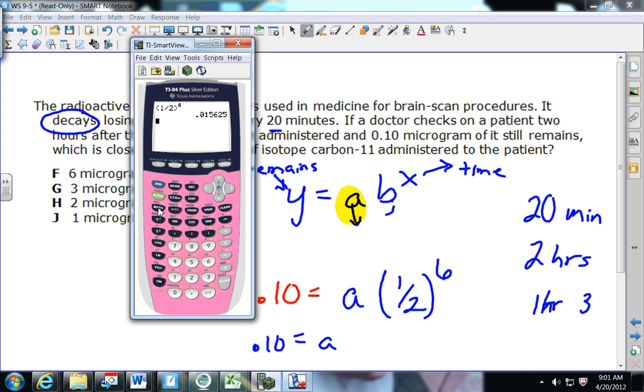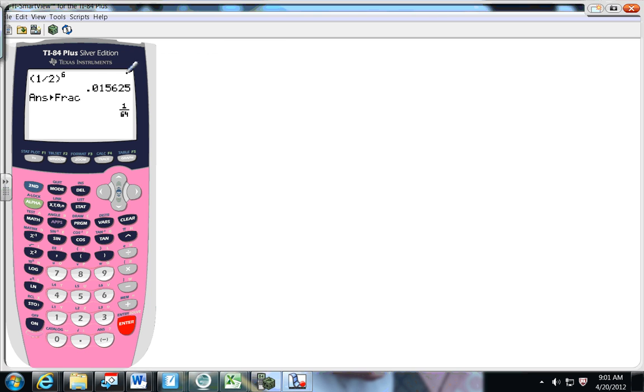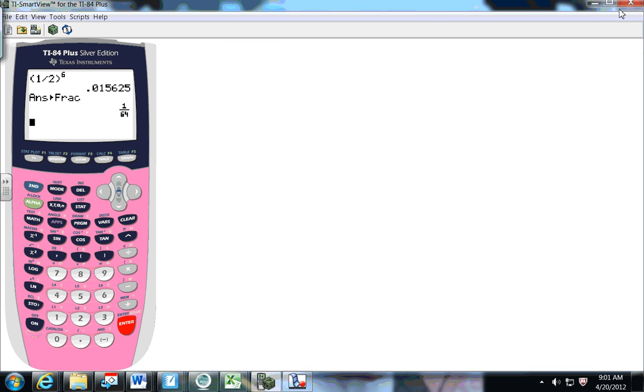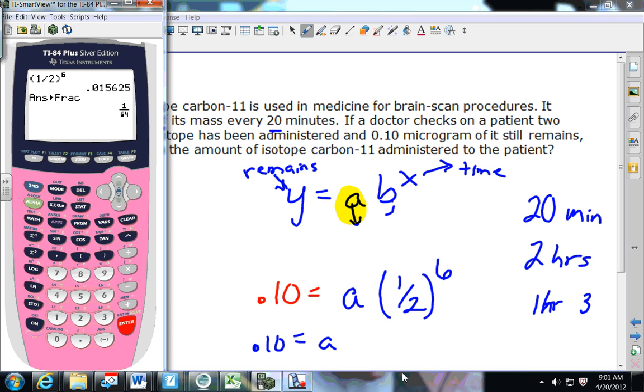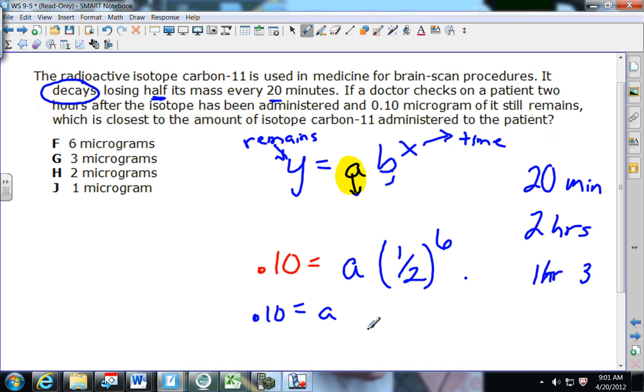Now press math, enter, enter. What does that say? 1 over, good, because I'm blind. Okay. Oh, what'd you do here? All right, 1 over 64.